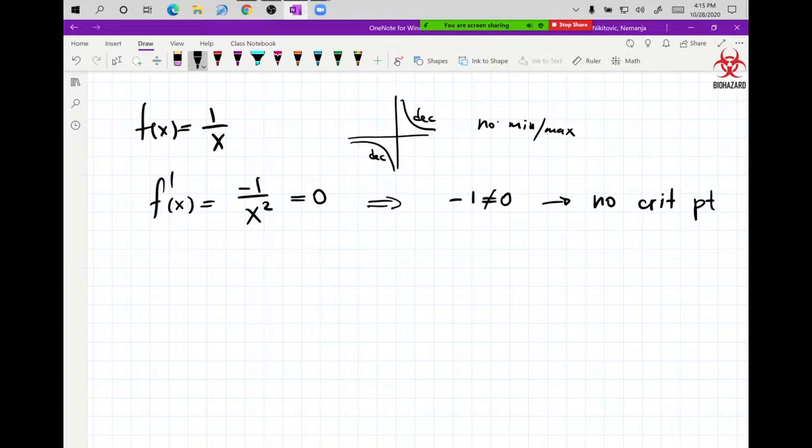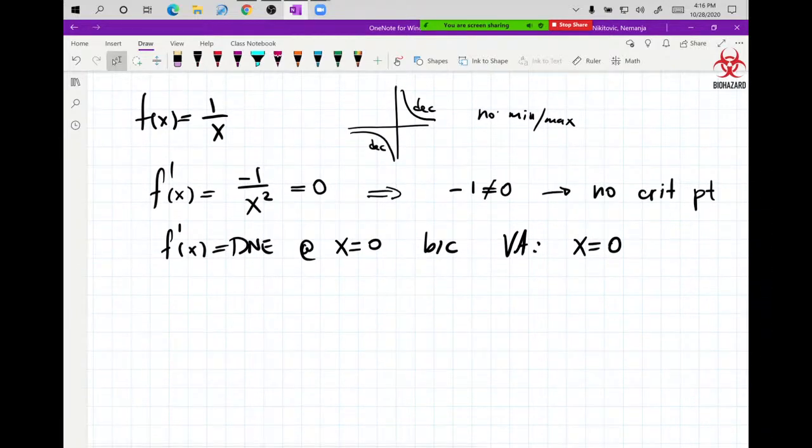However, f prime of x does not exist at x equals 0 because there is a vertical asymptote at x equals 0. Aha! So there is a critical point, but the critical point will not be a min or a max. We don't have the y values and so on. The critical point is the vertical asymptote, and we are going to partition right there.